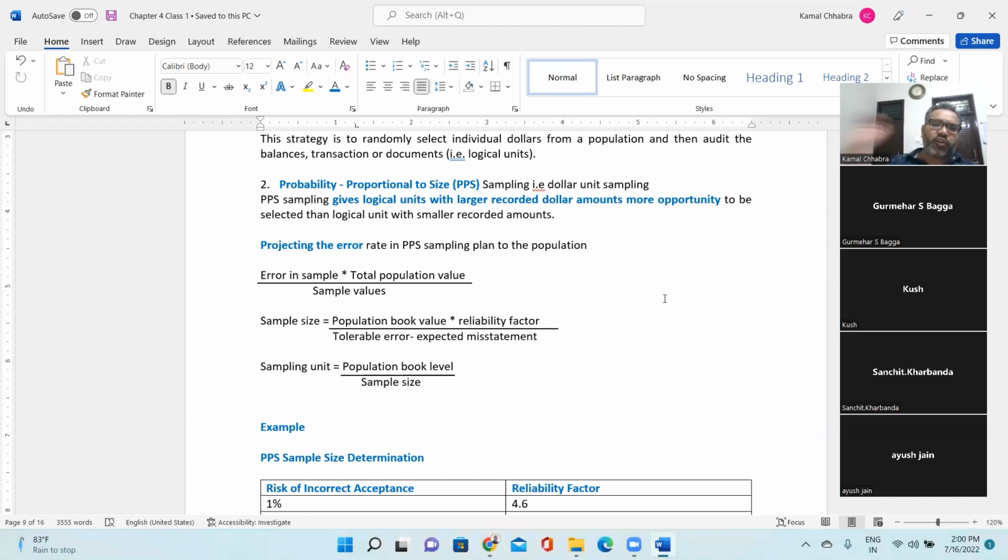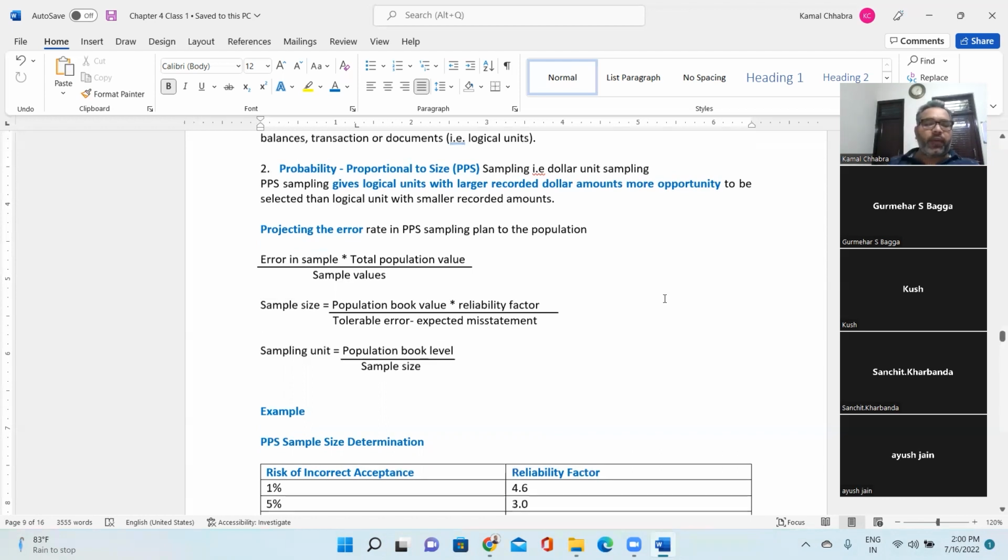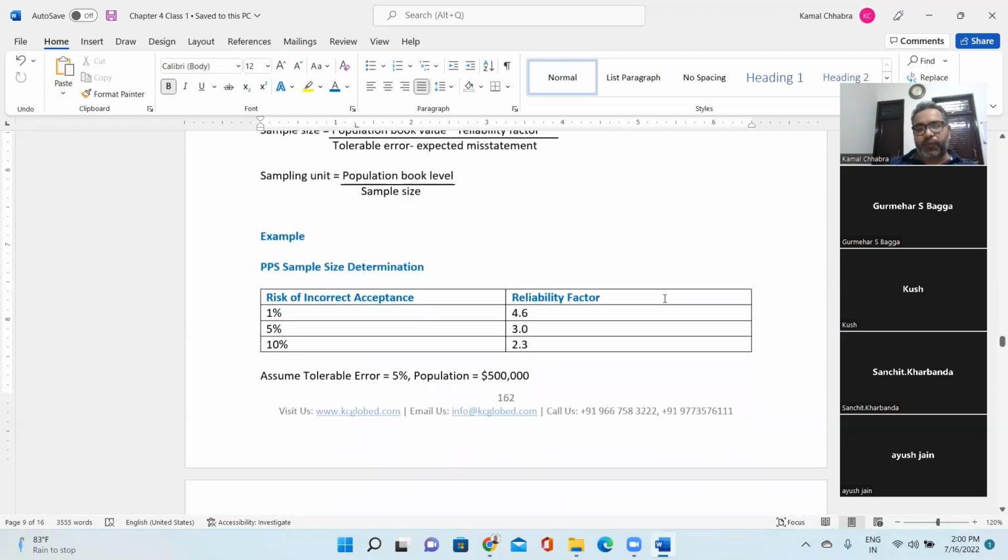These things are given to you in your exam, but they will ask you to calculate the sample size, right? And then lastly, the sampling unit. For example, this type of question may come in your exam. Risk of incorrect acceptance is 1%, 5%, and 10%, and the reliability factors corresponding to that are 4.6, 3, and 2.3.